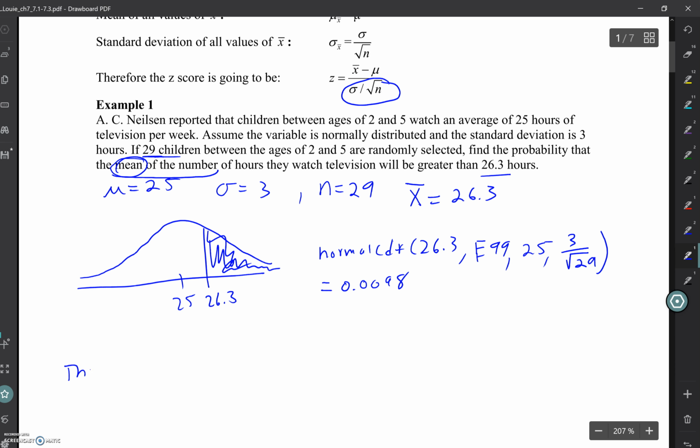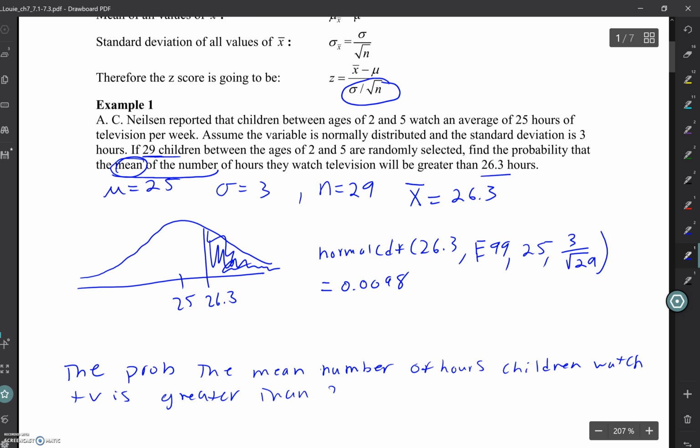All right, so that means the probability that the mean number of hours that children watch television is greater than 26.3 is 0.98%.